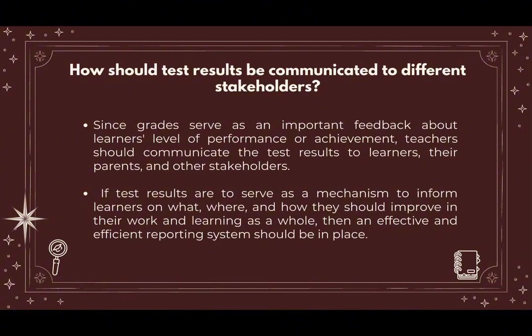Okay? For test results to help students improve, there needs to be a good reporting system. This means that teachers should have clear guidelines on how to explain test scores. If the results aren't communicated well, they won't be helpful for learning and improvement.